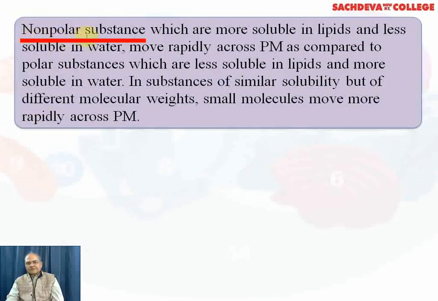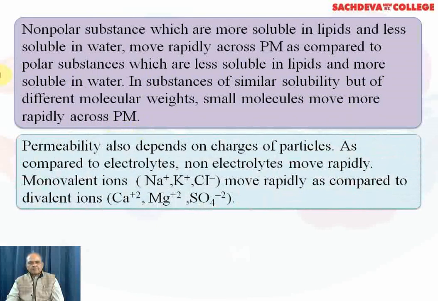Non-polar substances, which are more soluble in lipids and less soluble in water, move rapidly across the plasma membrane as compared to polar substances, which are less soluble in lipids and more soluble in water. For substances of similar solubility but different molecular weights, small molecules move more rapidly across the plasma membrane.